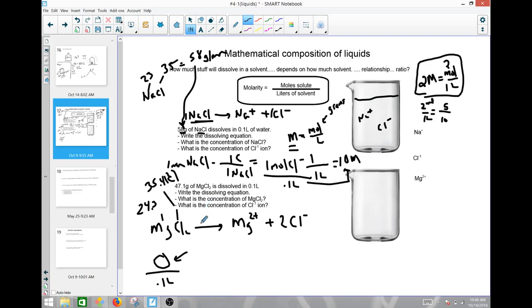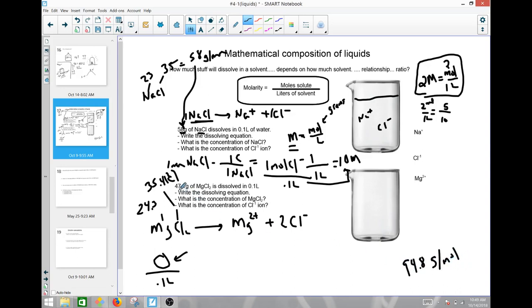Add that together, 70.8 plus 24 equals 94.8. All right, so in this case, 94.8 grams per 1 mole. All right, so 1 mole weighs that much. I don't have that much.